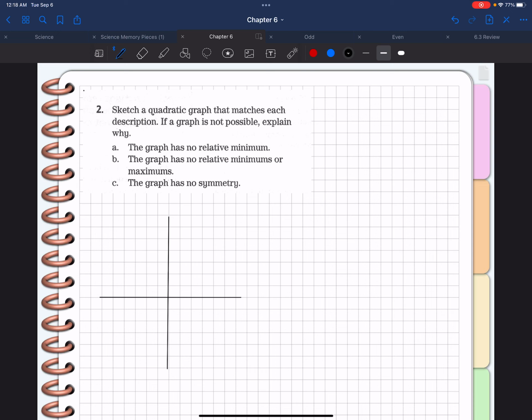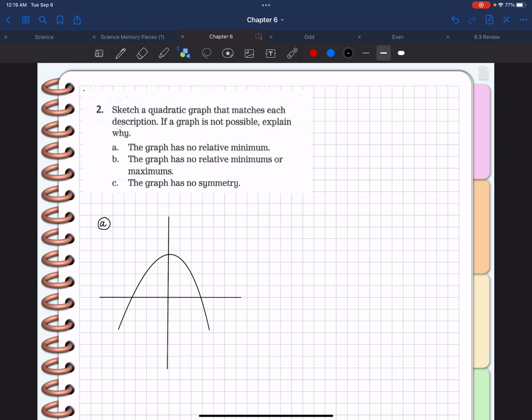There is a possible answer to this one. If it has no relative minimum, it could have a relative maximum. So it could look something like this.